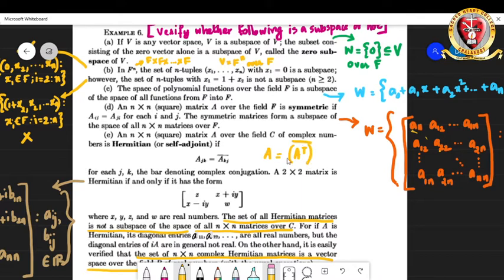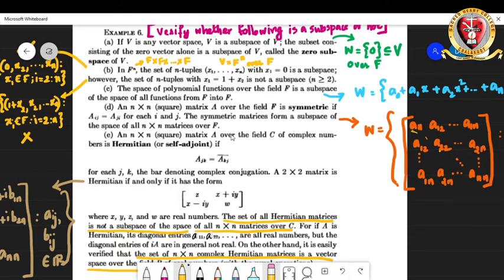So you have to take the transpose of the matrix and then conjugate it. If A is equal to that, so these are the same, they are equal, then we call A a self-adjoint matrix or Hermitian matrix.